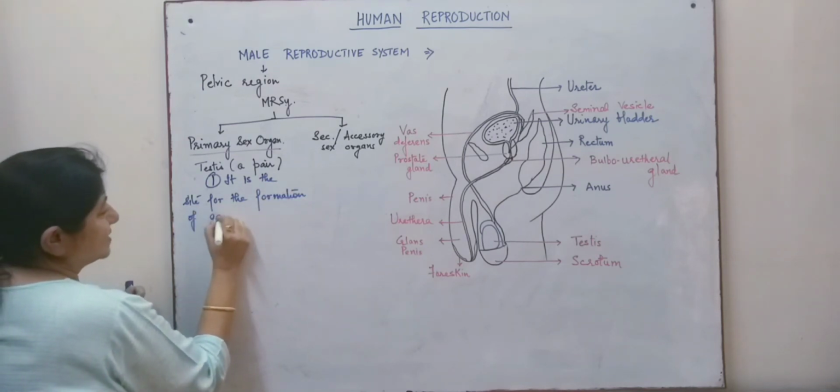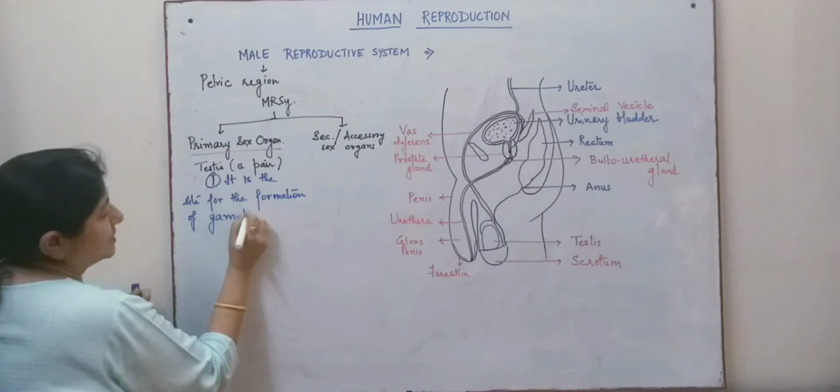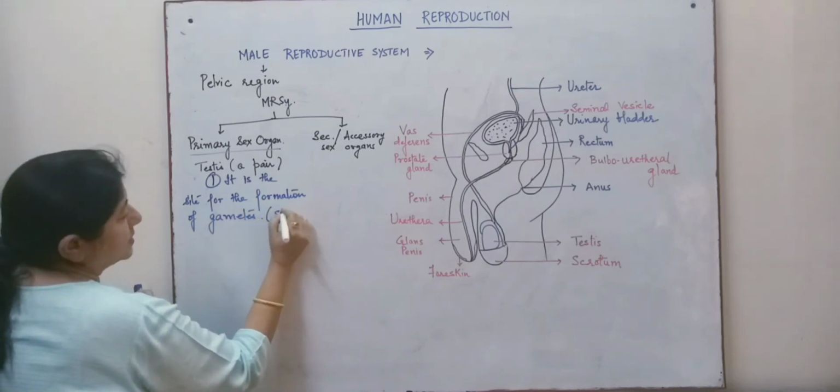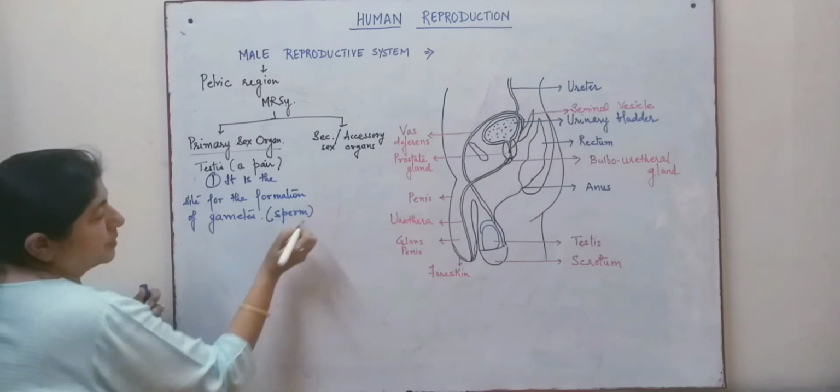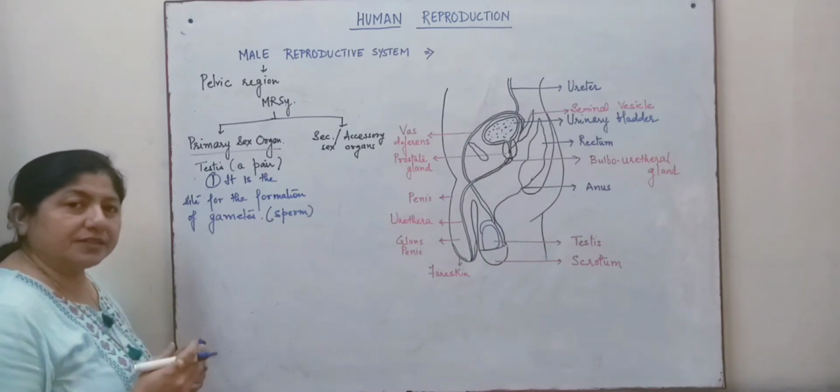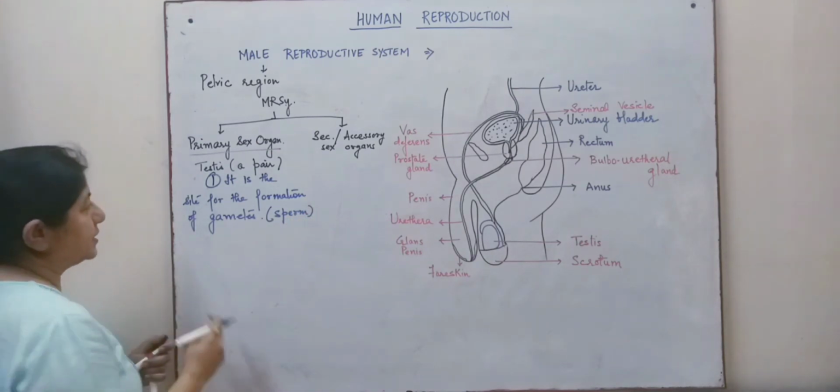The gametes over here mean sperm. The sperm are haploid structures. We'll study the detailed structure of sperm in the later part.